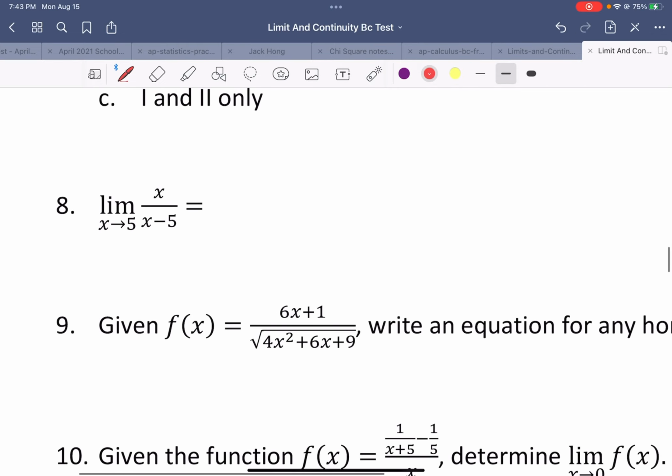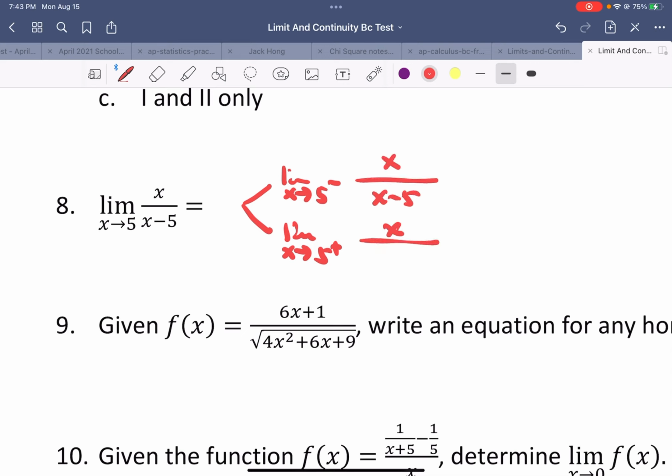Now here, this is not a one side limit, but if a denominator equals 0, then you have to separate it. So you have to make it a left hand side limit and a right hand side limit. Okay, so x over x minus 5 and x over x minus 5. See what happened here.